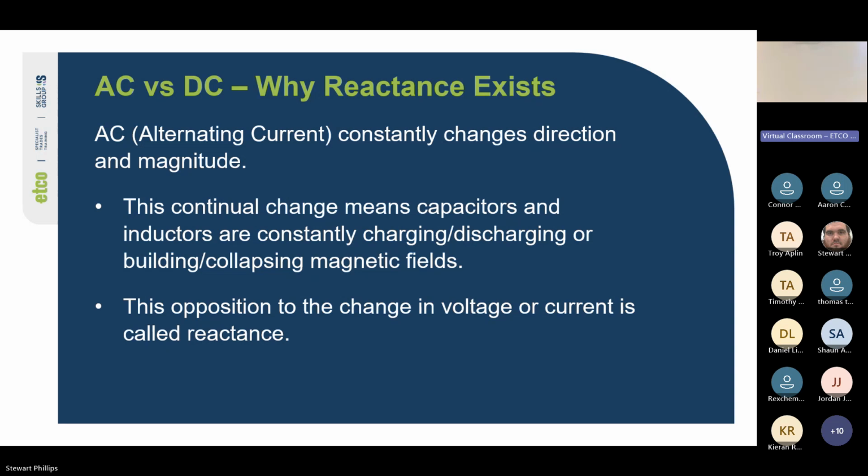So when we talk about reactance, we're talking about capacitive and inductive reactance. Cool. Is that clear to everyone how AC and DC behave differently with these components?